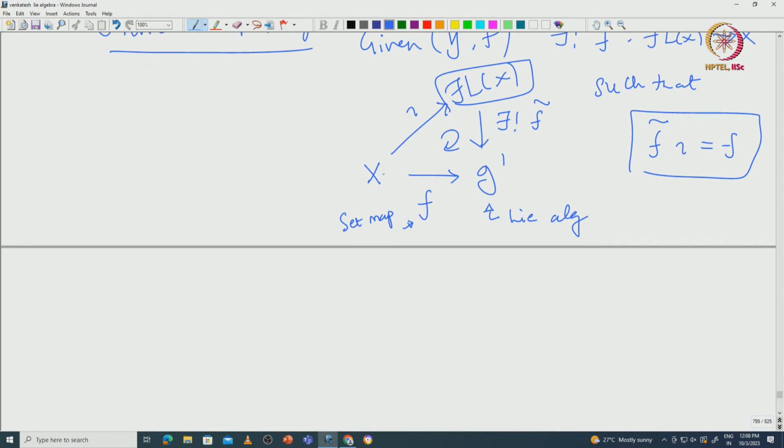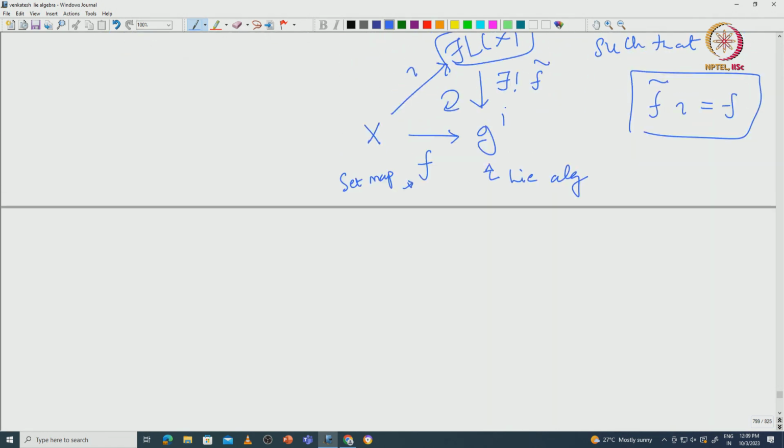We will first be able to extend this x to the free vector space generated by x. Then you will have a map from that Vx to this g dash.